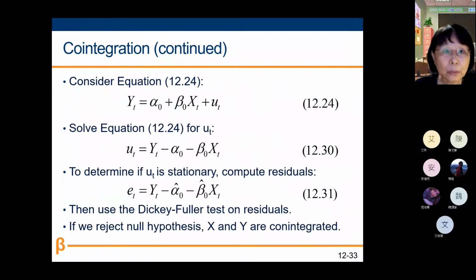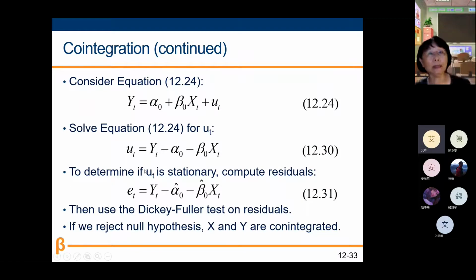So in other words, let's see equation 12.24 in our textbook. The error term ut becomes yt minus alpha 0 minus beta 0 xt.